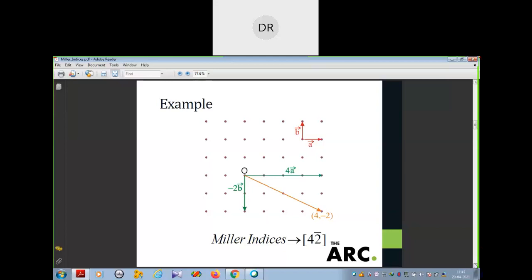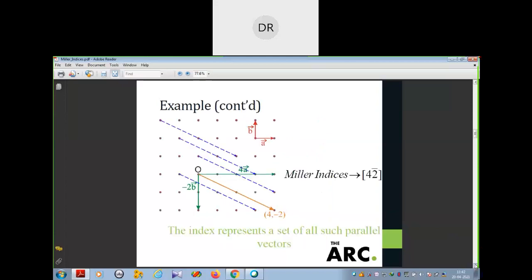Understood, no? Similarly you can continue with this example. If you find the indices 4, minus 2, what does it actually mean? The index represents a set of all such parallel vectors. If you multiply by 3, then it will be like this.